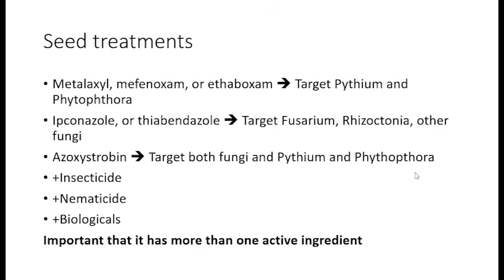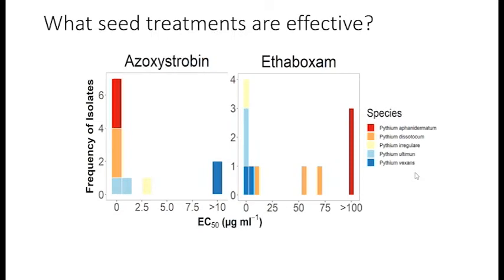The first group, so metalaxyl, mefenoxam, or ethaboxam, either of those, plus something that hits Fusarium, such as iconazole or thiabendazole. Why is that? Well, just like for the RPS genes, not all are effective against all the strains of Phytophthora. Each one of those fungicide active ingredients is not effective against everything that is out there.